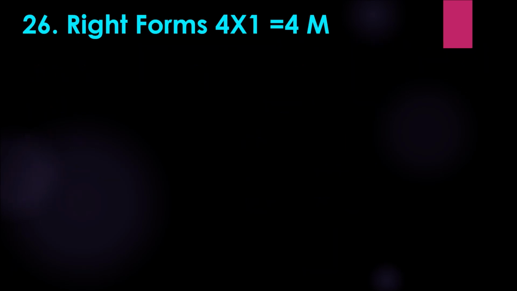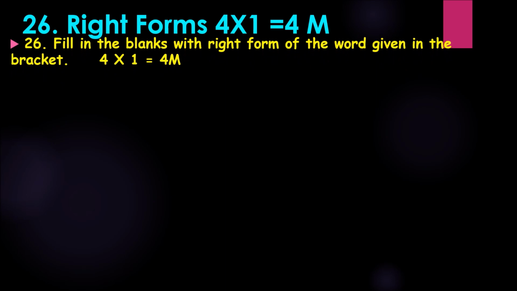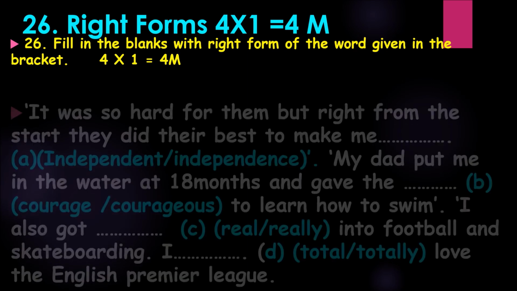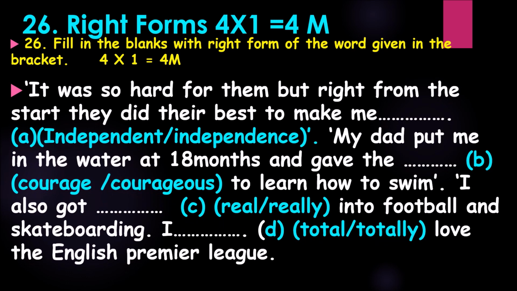Now let's look at question number 26. Right forms. Fill in the blanks with the right form of the word given in the bracket. So for this, those who read the lessons well, reading A well, you can do better because you'll get the passage directly from the lesson and there will be an alternative also.